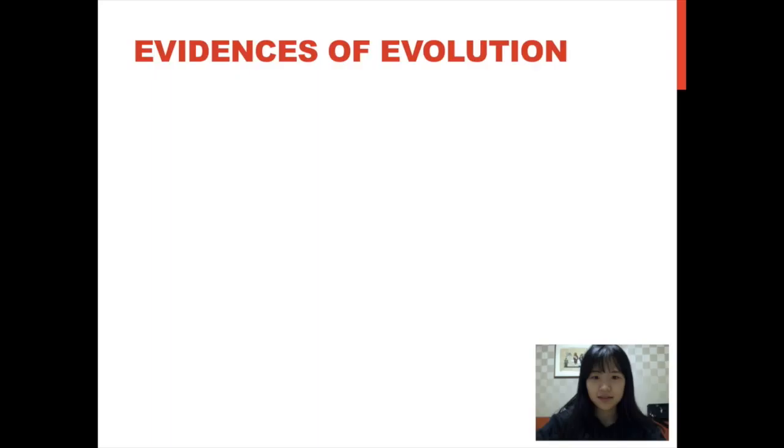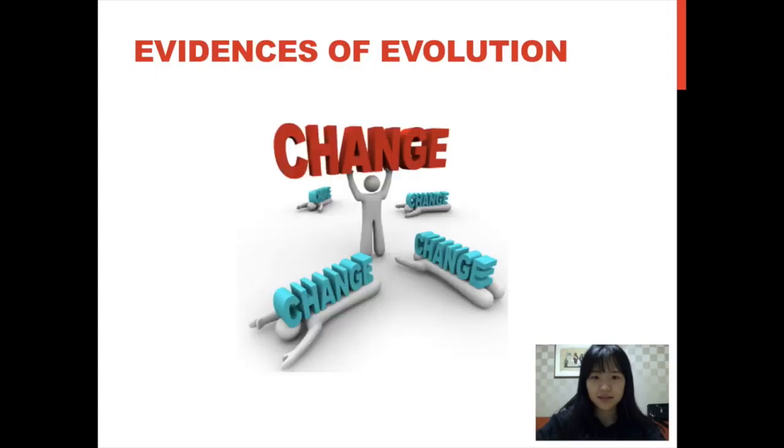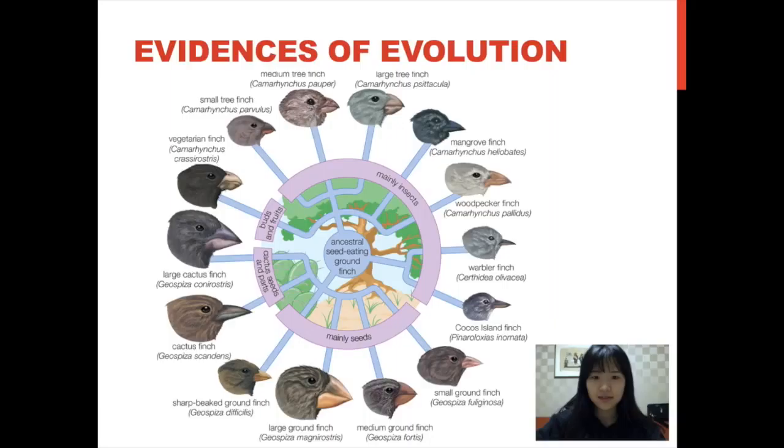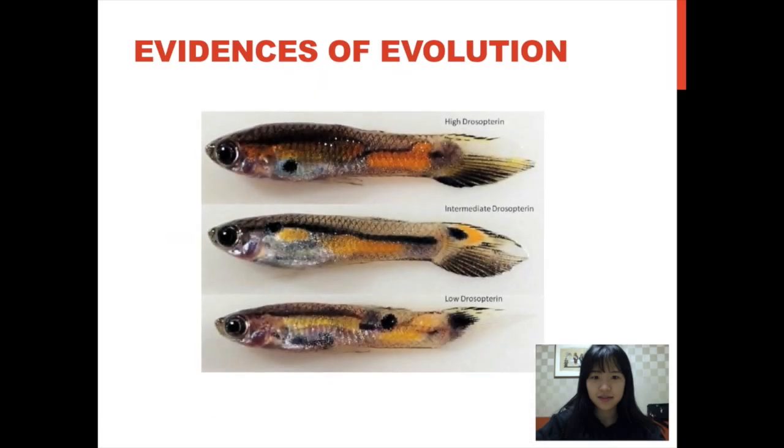The first evidence is that scientists have acknowledged direct observation of evolutionary change. The first example of this would be the change in beak size and shape in Galapagos finches after a severe drought. The second example is the change in predation and coloration of guppies after the change in the predator.